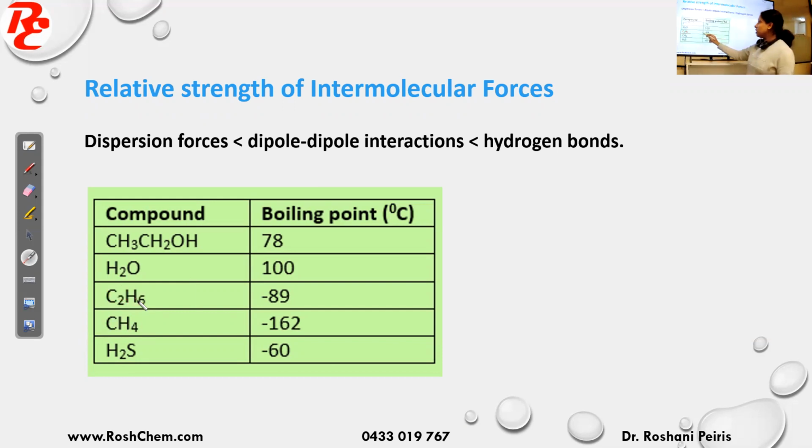So that's why the boiling point of C2H6 is more than CH4. And you can see H2S has a boiling point of negative 60, which is in the middle now. H2S is a polar molecule which has dipole-dipole interactions. Dipole-dipole interactions are stronger than dispersion forces but weaker than hydrogen bonds. That's why the boiling point of H2S is in the middle.